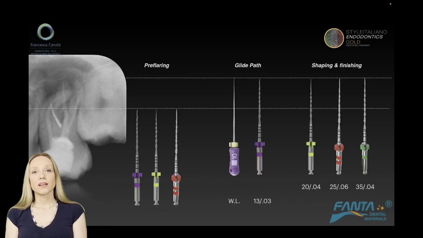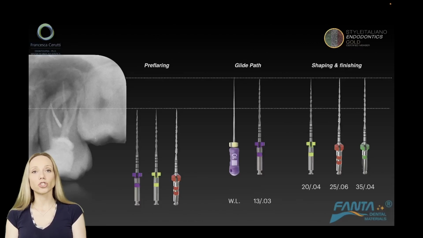And then the approach to this kind of root canal is not so easy, because there is a curvature and it's a tooth that is difficult to treat because of the access, which is reduced. So I'm choosing files that are highly bendable but still have very good cutting efficiency. My approach will be to pre-flare the coronal and middle third before trying to reach the working length.